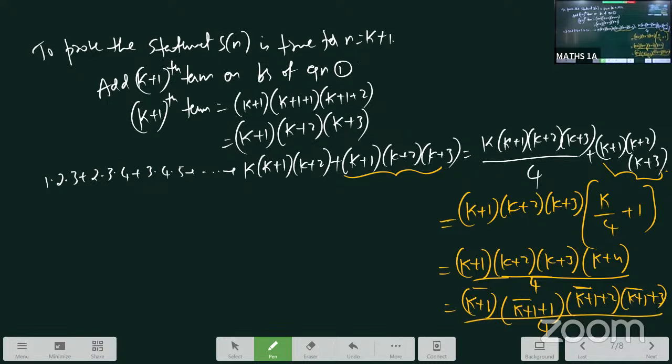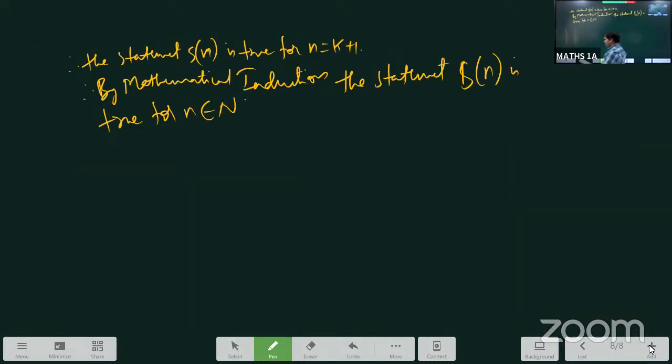After adding k plus 1th term on both sides, always you are going to solve this RHS part. How to solve this RHS part means, in your RHS in the given question, instead of n, you should get k plus 1. That is how you are going to solve it. Okay, right.